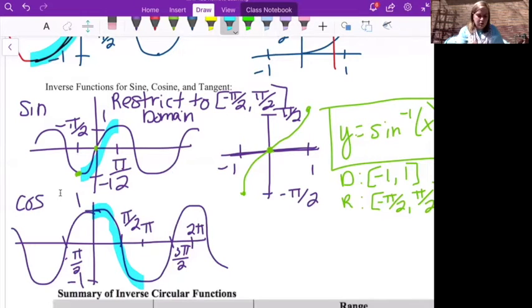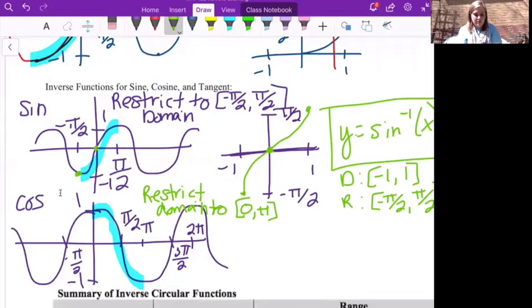So for our cosine inverse, we're going to restrict the domain to zero to pi.